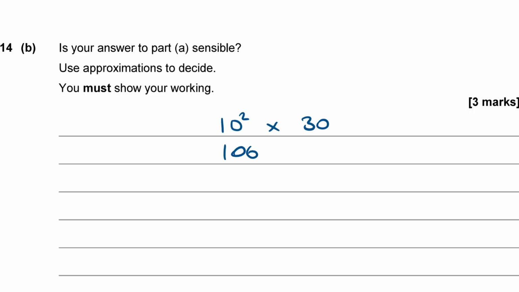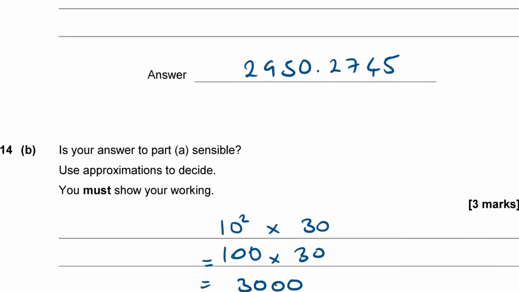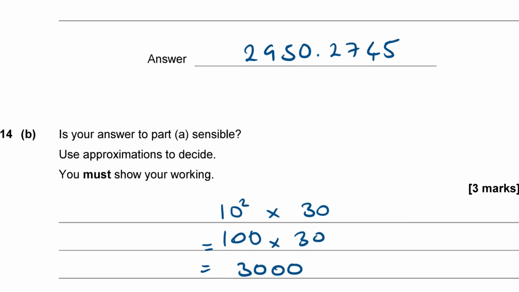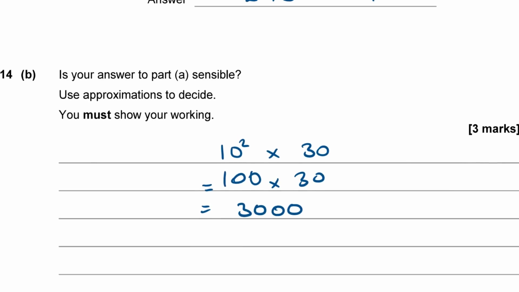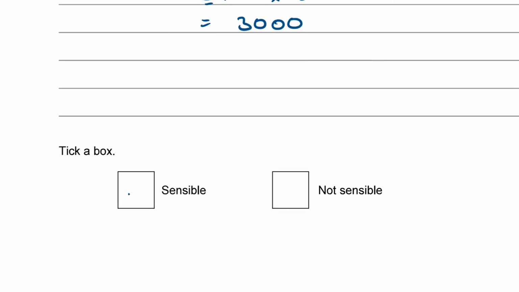Well, that's just 100 times 30, which is 30 with 2 extra zeros, 3,000. Okay, so my estimate was 3,000. My actual answer was 2,950. So that's not bad, is it? It's only 50 out, which is not too much when you're talking about thousands. So yeah, I'm going to say it was sensible.